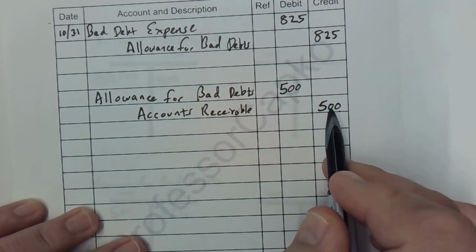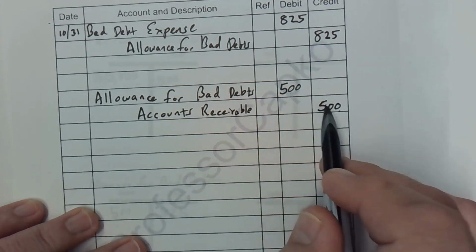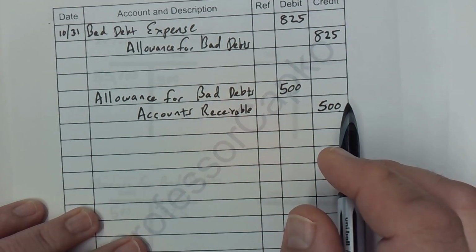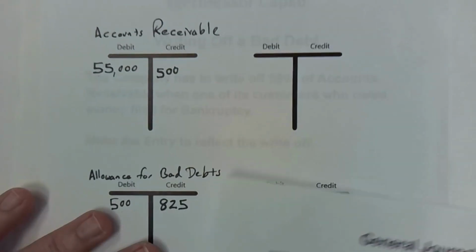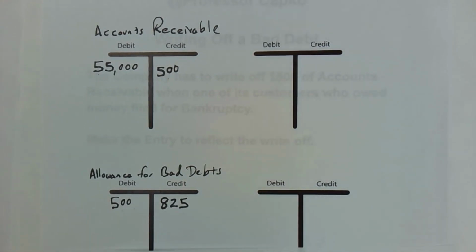So our $500 debits and credits balance, and so we are done with that transaction. And you now know how to write off a bad debt when it occurs.